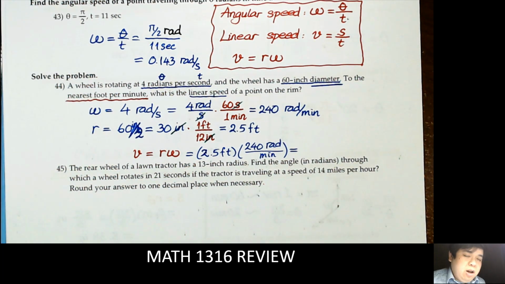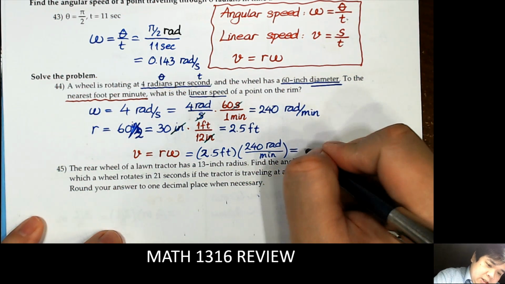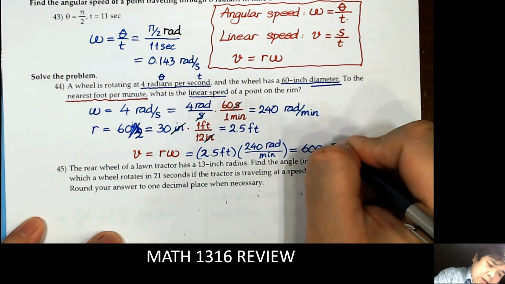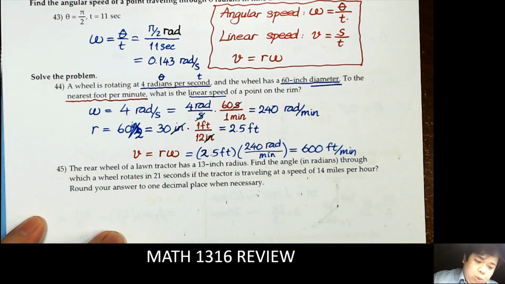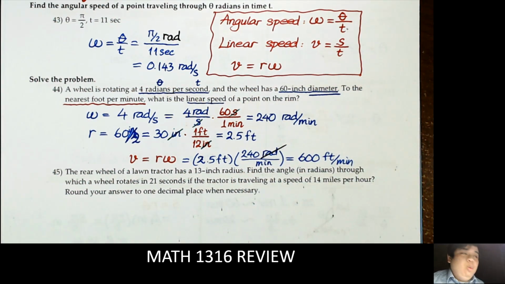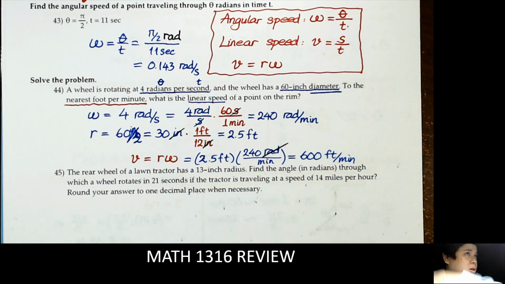So 2.5 times 240, we have 600 feet per minute. The radian, we can just take it out when we don't need it. So we have feet over minute.